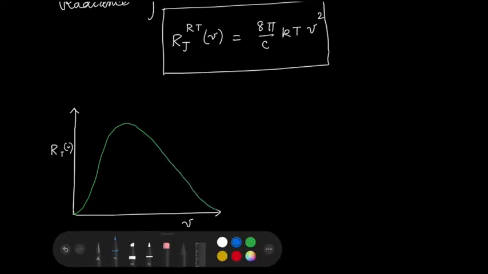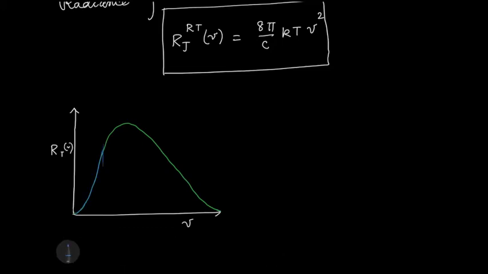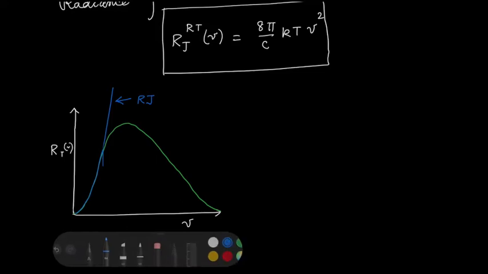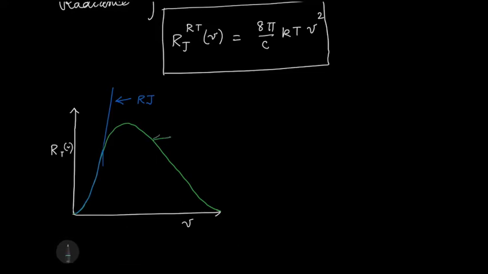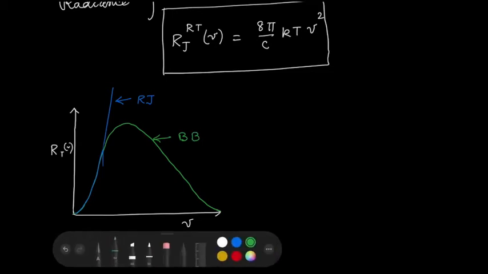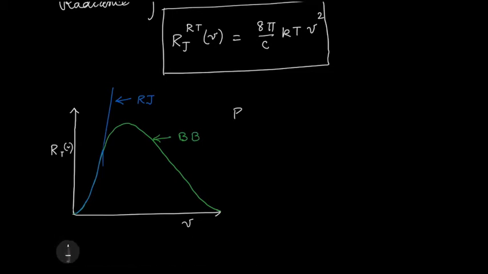So the blackbody curve looks like this, which falls down at large frequency. This you can see is monotonically increasing with nu. In fact, it will go like this. So this is Rayleigh's. This is the observed blackbody.